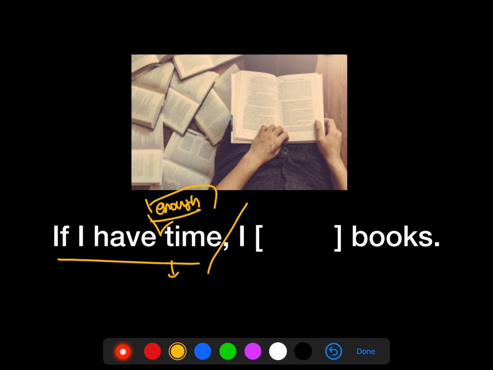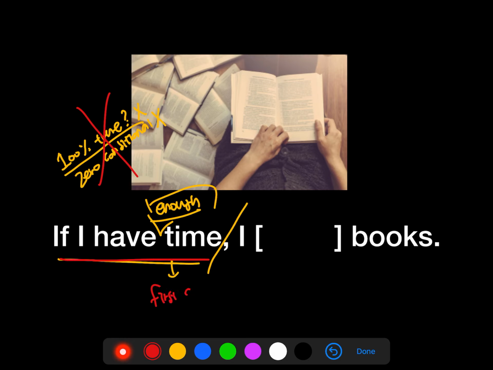Is it 100% true? Nah. So not zero conditional. But it's possible to have enough time. Possible, then what kind of conditional would this be? It would be first conditional.